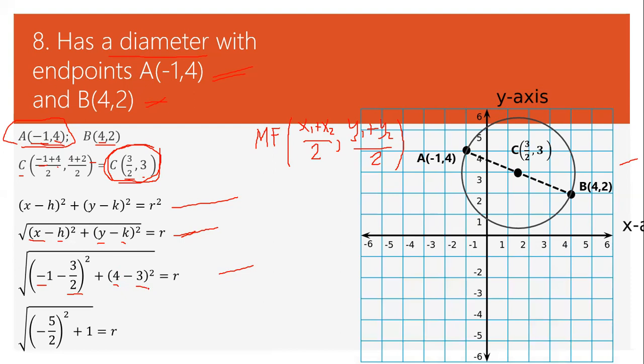So 4 minus 3 squared. So -1 minus 3/2, that's -5/2. -5/2 squared. 4 minus 3, that's 1. 1 squared is still 1. So the square root of -5/2 squared plus 1 is equal to r.